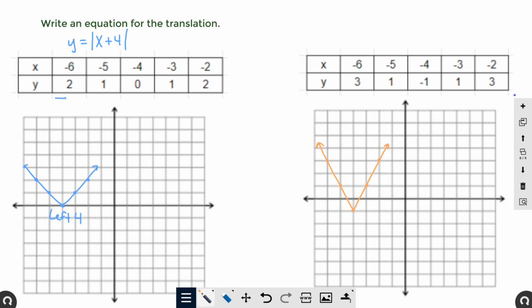Let's first focus on the vertex. The vertex is here. So how did it move from 0, 0, from the origin?